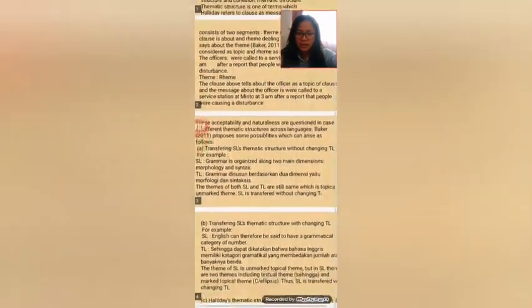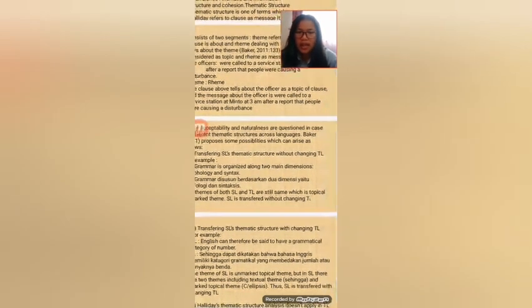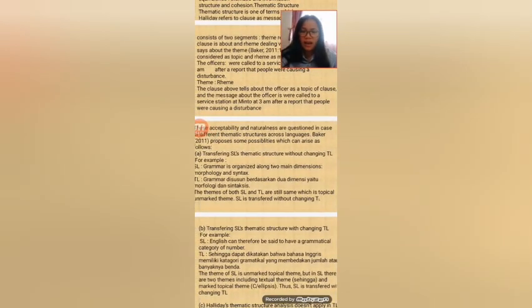Number 2, transferring the SL's thematic structure with changes. For example, "English can therefore be said to have grammatical categories of number." Oke, di sini sehingga dapat dikatakan bahwa bahasa Inggris memiliki kategori gramatikal yang membedakan jumlah atau banyaknya benda. Jadi di sini bisa dibedakan gramatikal mana yang bisa menunjukkan banyaknya benda.